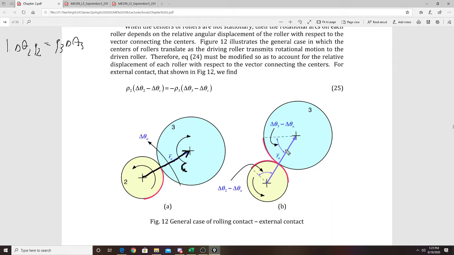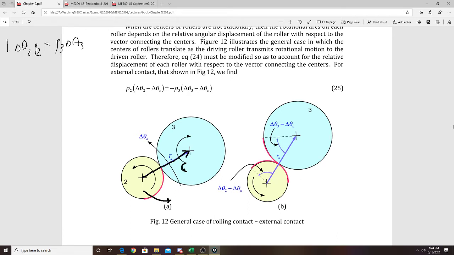And as you can see here, because these two are rolling with respect to each other, they're actually moving. This center, as you can see from this picture to the other one, has moved a little bit, right? It has come down this way. That means that this vector, RA, is now further down, right?